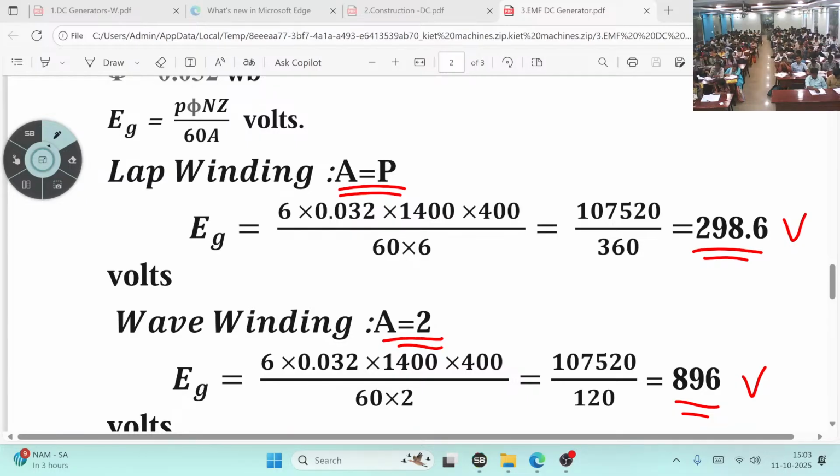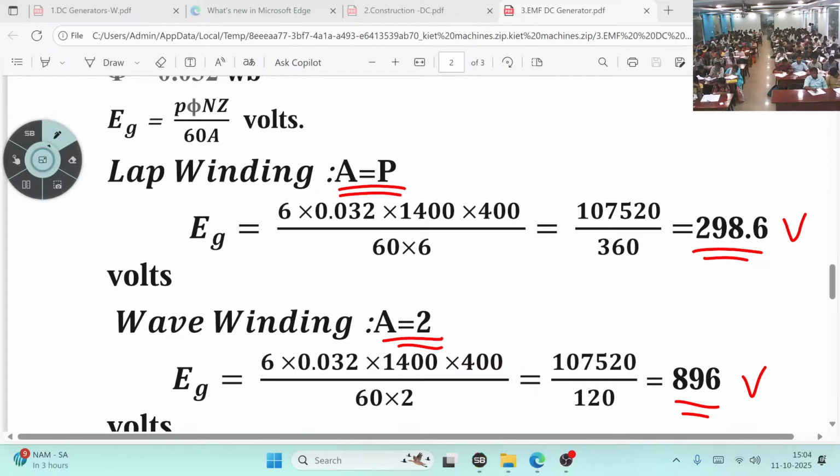Substitute in the formula, you will get 3 or 4 marks depending upon the problem. Total 8 marks or total 6 marks, depending upon the marks of the question. Given data, formula, substitution. You will get marks divided for the given problem.